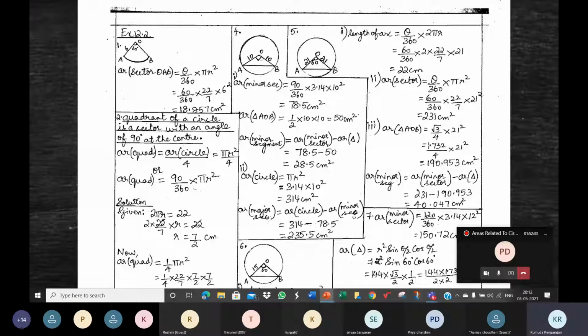64. Yeah, 64. Correct. Let the others think. What is the perimeter of the minor sector?